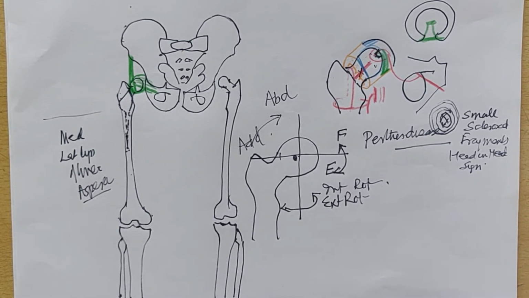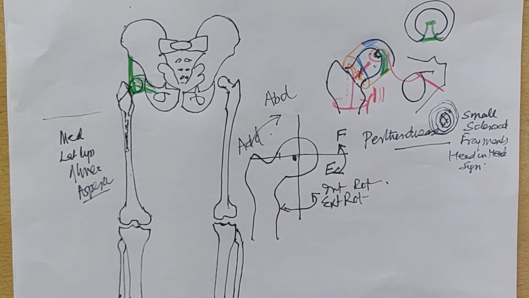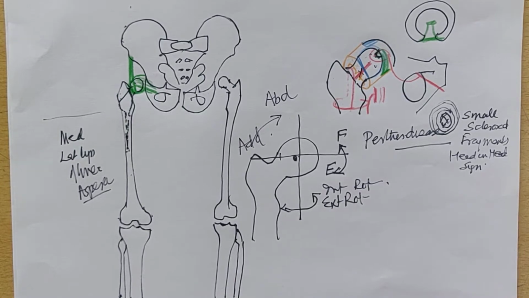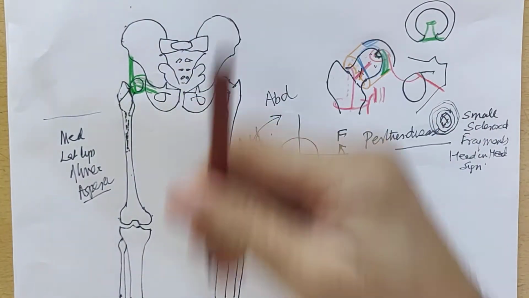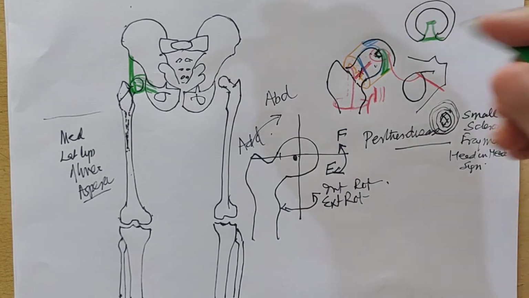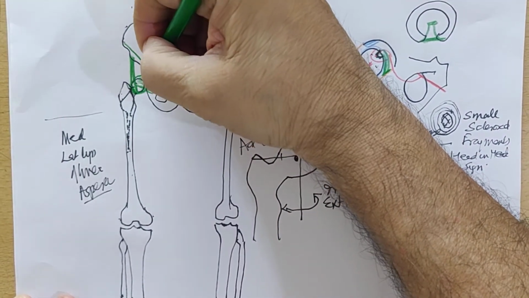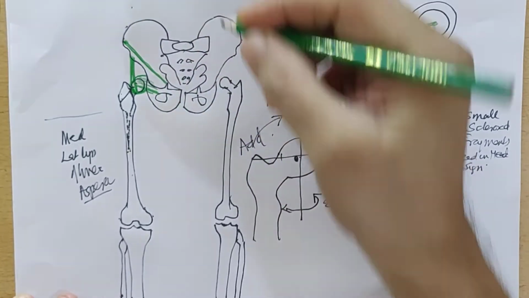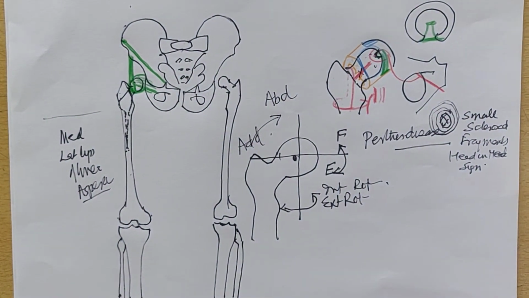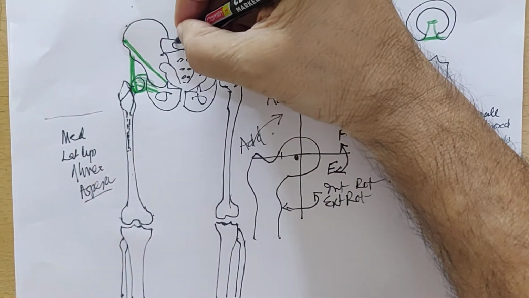So let us place first the muscles that will flex the hip. And therefore, before that, we must place the inguinal ligament below which all these muscles would come, and we must also place the spine.